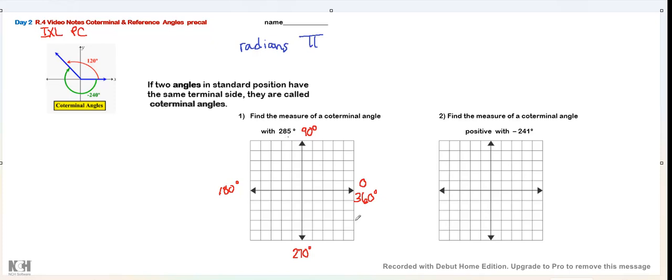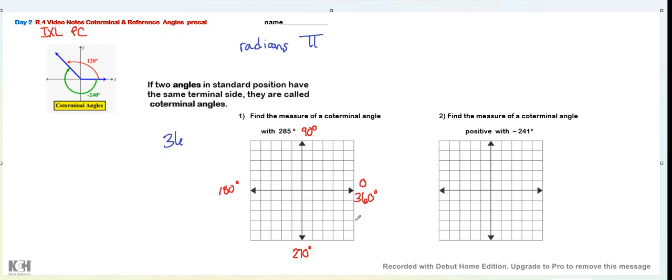They want us to find a coterminal angle with a 285-degree angle. So the first thing that we're going to have to do is find out where that 285-degree angle is. Well, obviously, it's going to be past the 270 degrees. And you can simply use some math.